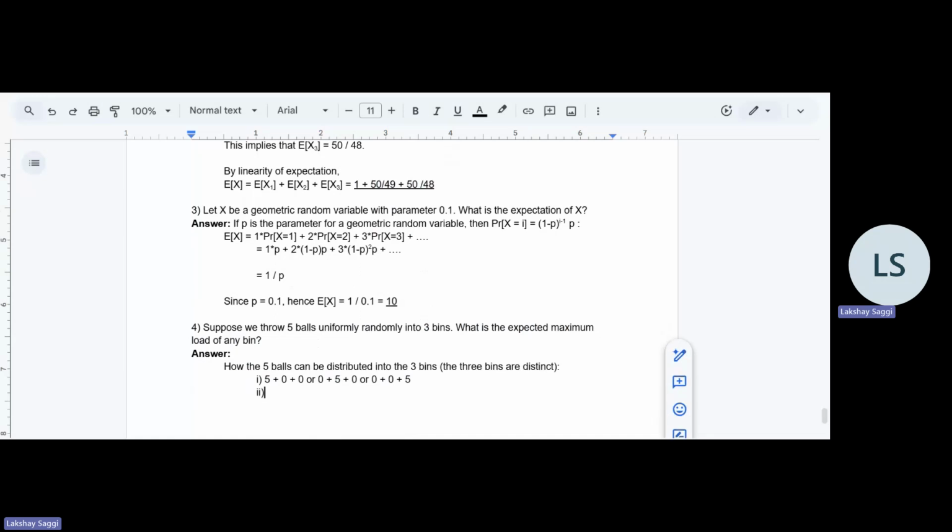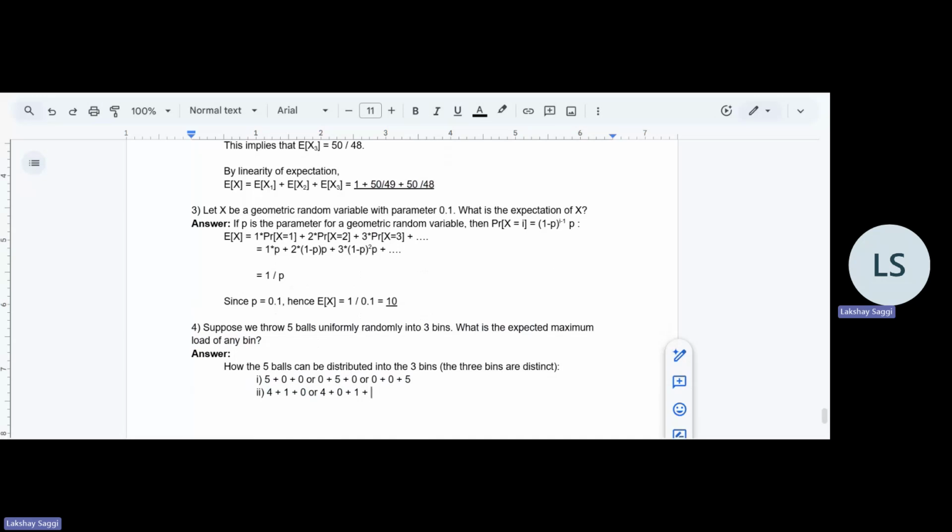What's the second way? One of the bins has 4 balls, another has 1 ball, and so on. So 4 plus 1 plus 0, and this one can also be in some other order. This question involves a bit of calculation or casework, but I think it's necessary here. If anyone comes up with a better argument, please inform me in the next session or in the comments.